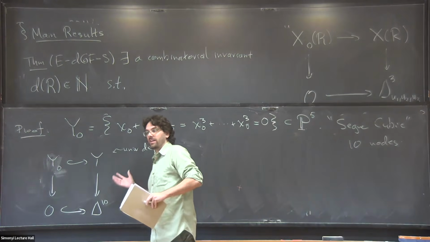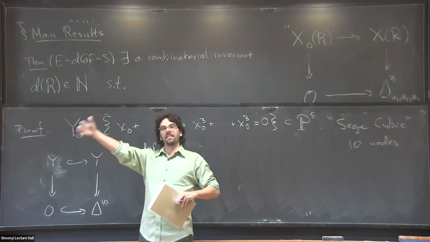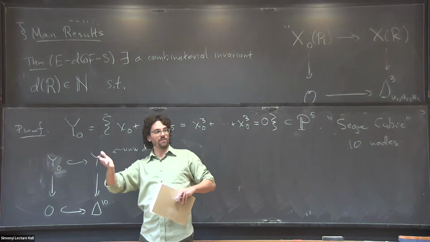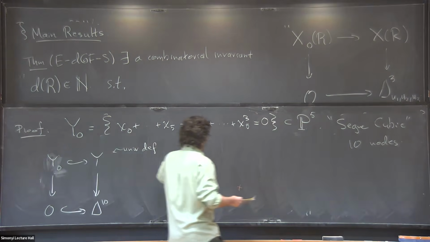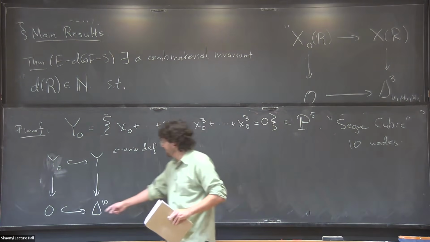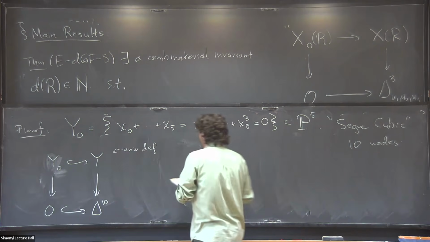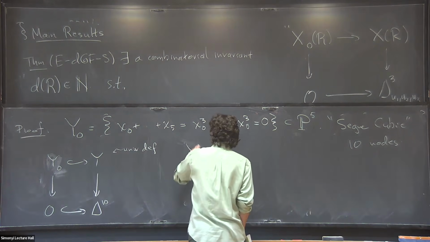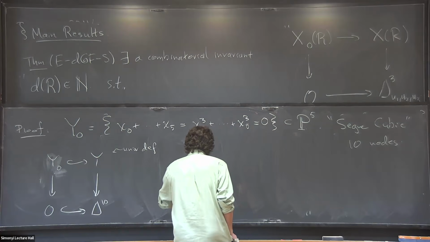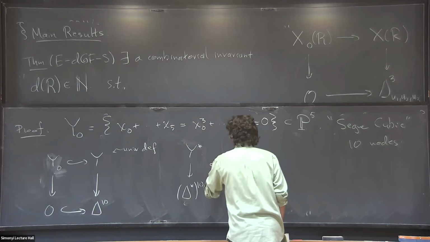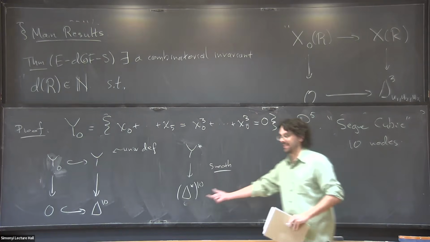So we deform this singular cubic threefold with 10 nodes into the 10-dimensional moduli space of smooth cubic threefolds. Over each coordinate hyperplane, we smooth one of the 10 nodes. So what that tells you is that this Y star over delta star to the 10 is smooth, because there's a smooth family of cubic threefolds, since I smoothed all 10 nodes.